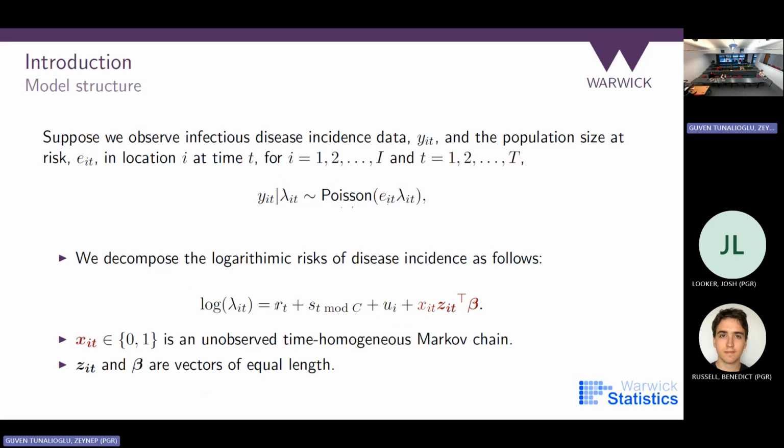So we have the temporal trend components, the temporal seasonal components, the spatial components, and this. XIT is assumed to be an unobserved time homogeneous Markov chain. Literally what that means is that the transition probability matrix is assumed to be constant through time as the chain progresses.